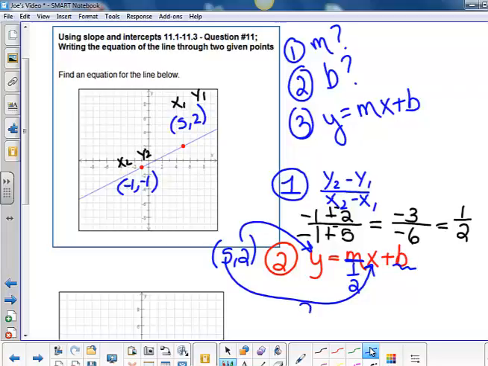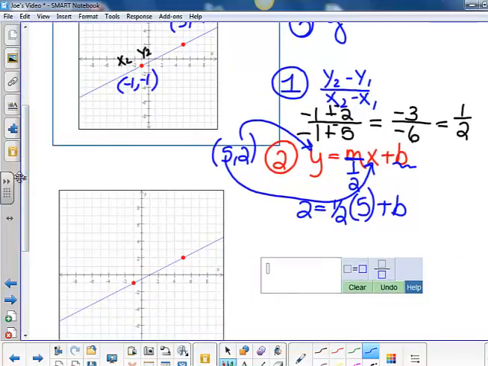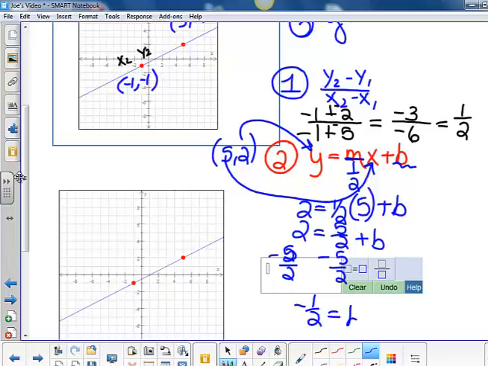So I really have the equation 2 equals 1/2 times 5 plus b. Alrighty. So 2 equals 5/2 plus b. When I subtract 5/2 from both sides, I end up with -1/2 equals b.